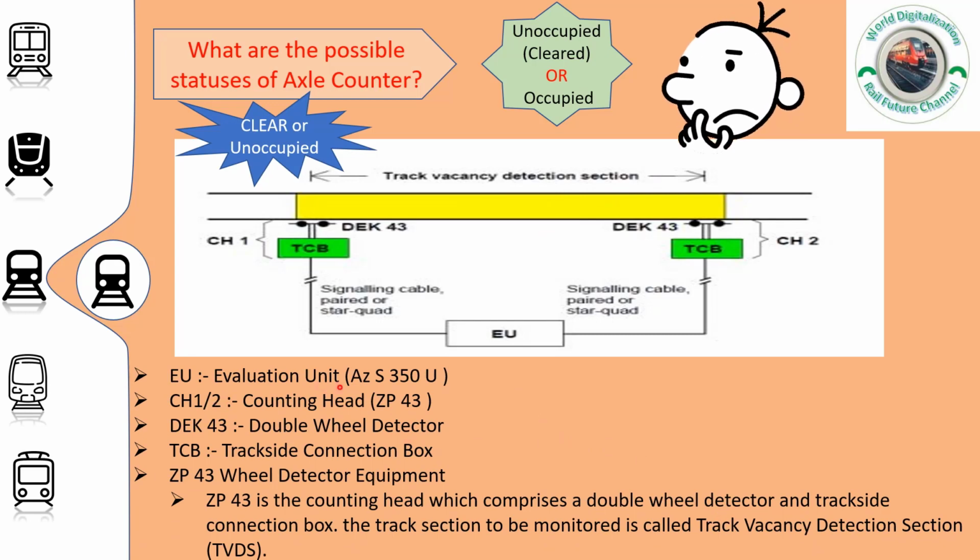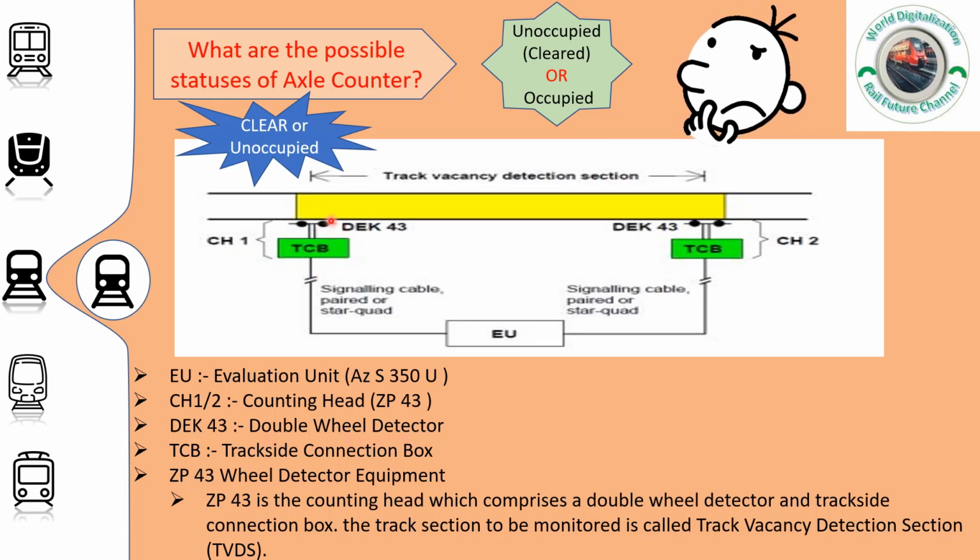EU is the evaluation unit. We take as an example the system AZS350U. This is a Siemens system. A channel 1 and a channel 2, or we can call them system 1 and system 2. The counting head is called ZB43. We have DEK43, which is a double wheel detector.